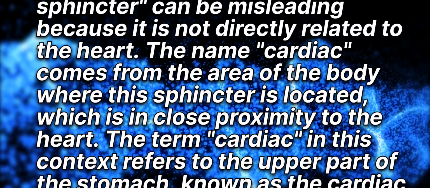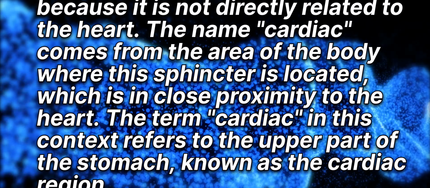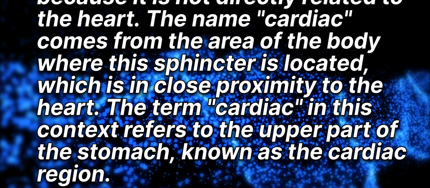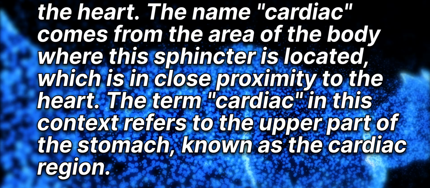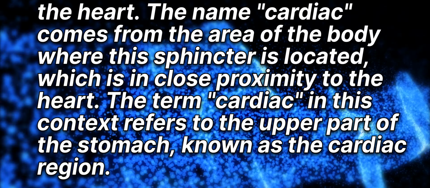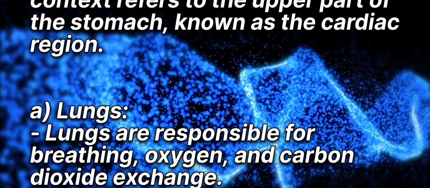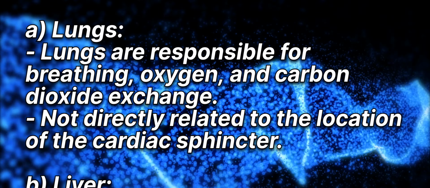The name cardiac comes from the area of the body where this sphincter is located, which is in close proximity to the heart. The term cardiac in this context refers to the upper part of the stomach, known as the cardiac region. A. Lungs.